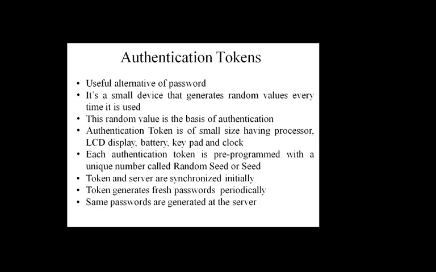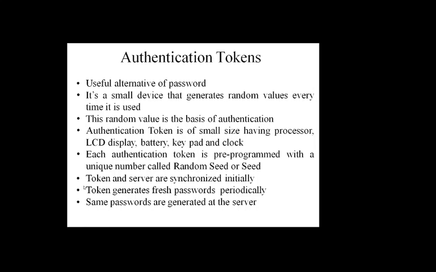It is programmed previously with a very unique number, and that number is called the random seed, or simply the seed. This seed is the basis of ensuring the uniqueness of the output produced by the tokens.